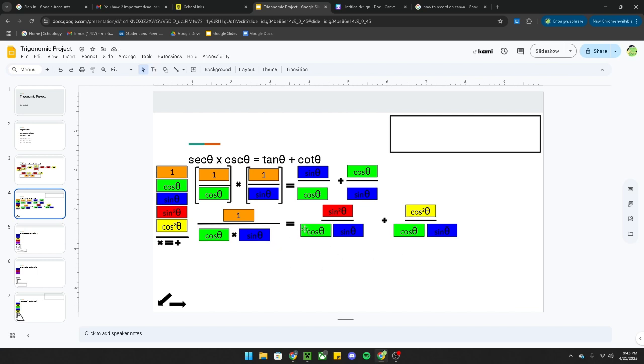And then now, since these two have the same base, cosine times sine, you can combine them.